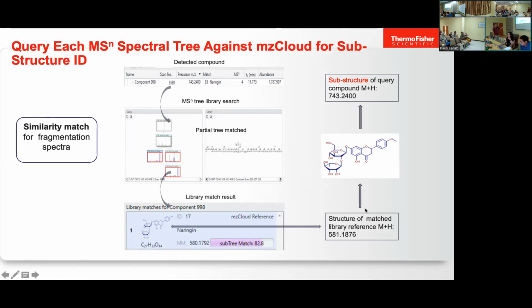It will mean that if I do a fragmentation on 743, I will get 581. It's just a reverse engineer that we try to discover other compounds. So this compound may be a similar cluster, or it can be the metabolite of the previous structure.